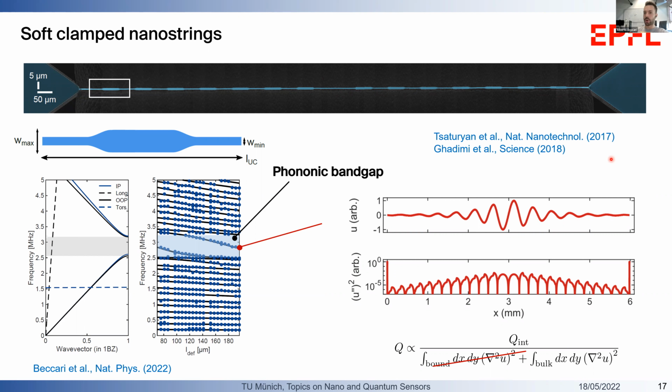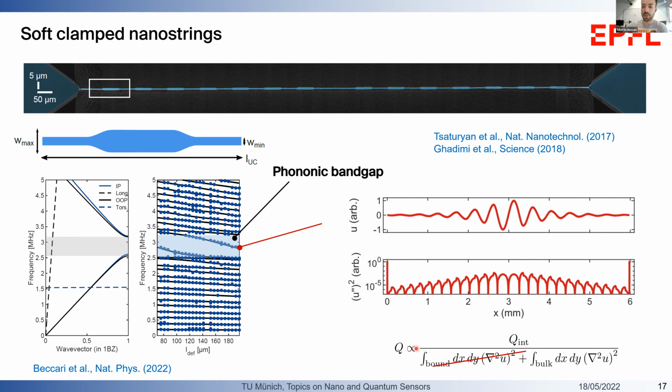And correspondingly, if one computes the square curvature of this displacement pattern, you will see that the curvature at the clamping points is still pretty high, but it's extremely well suppressed compared to the case of the mode shape of just a uniform nanostring. It will have much higher curvature at the clamping points.